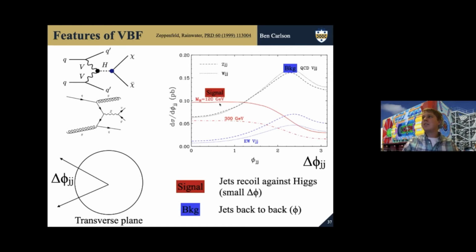You see the red line for signal, which tends to be peaked at lower values, and then the dashed lines from background from this process here, which tends to be peaked at about 2.7. And so you can see that by requiring the two jets not be back to back, it reduces a lot of the background.